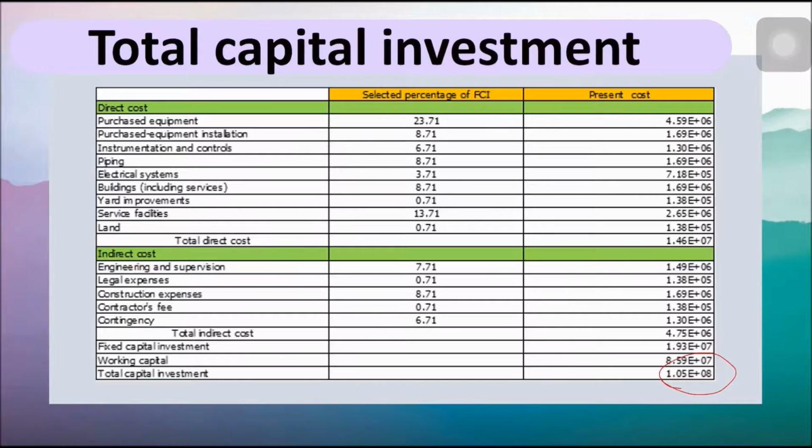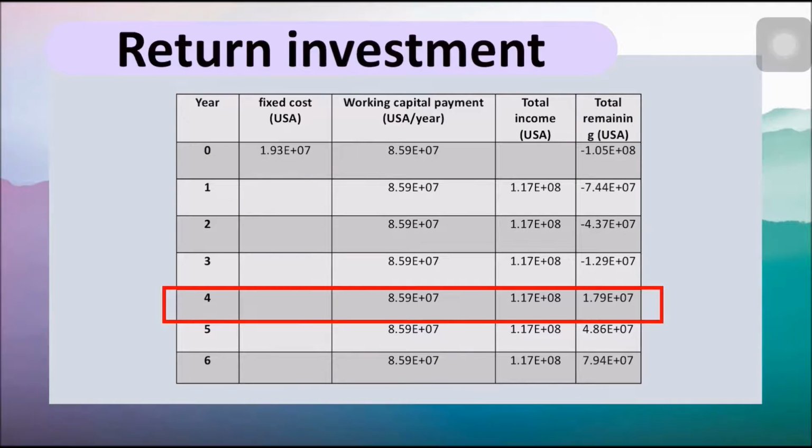And then we will know the fixed cost and the working capital cost already. We can find the return on investment, and for our project we can earn the money back in 4 years.